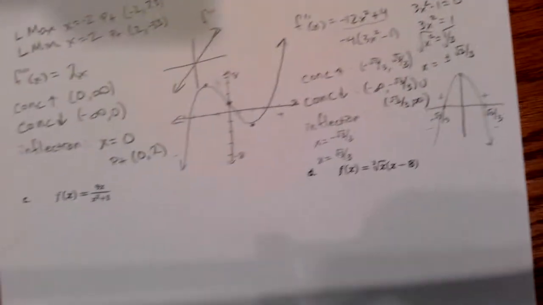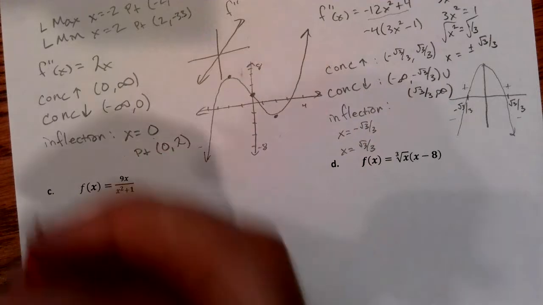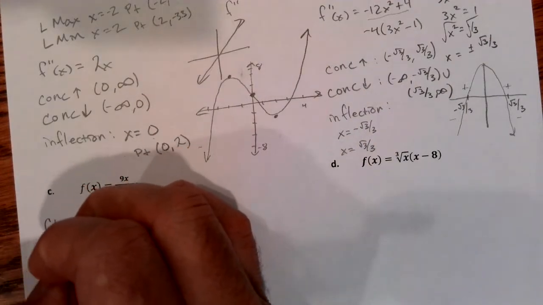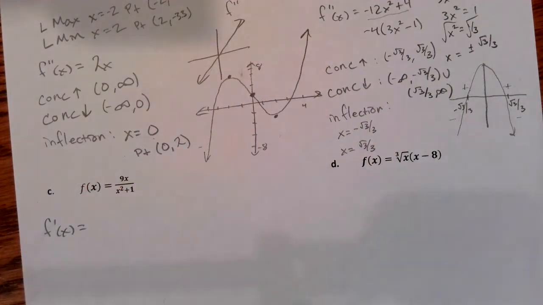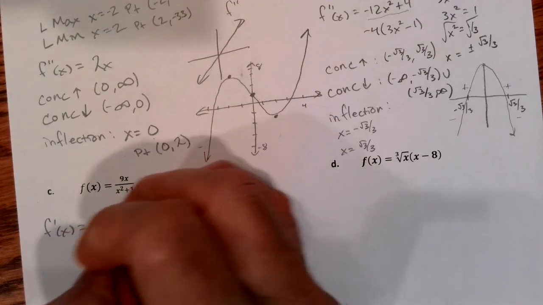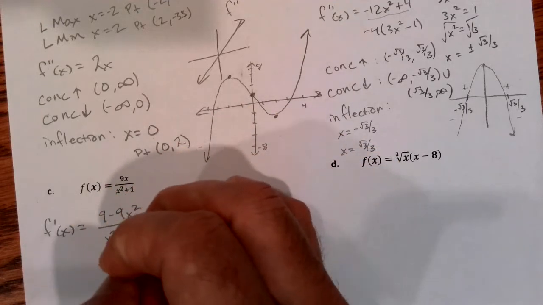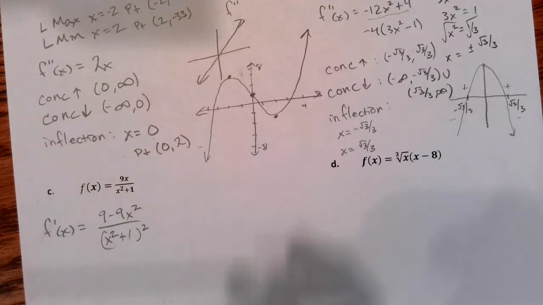Okay, the next one, we look at our derivative here. We have f prime of x equal to 9 minus 9x squared over x squared plus 1 quantity squared. So that was from the other day.